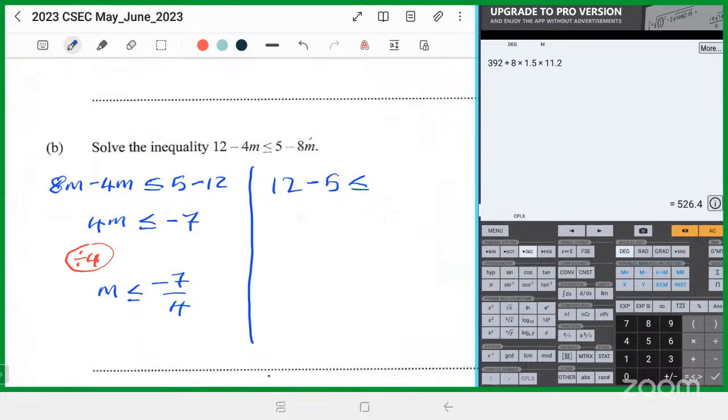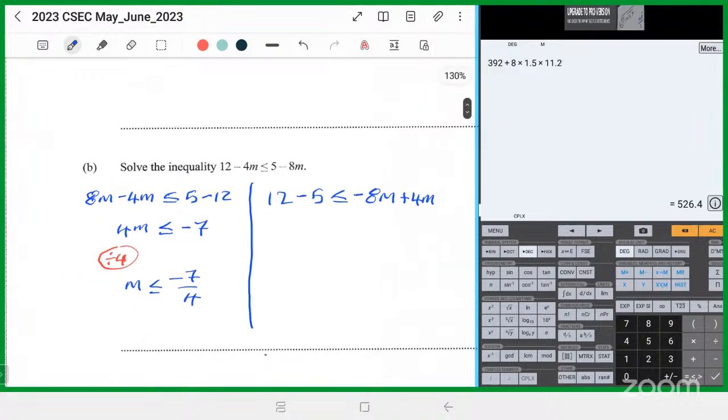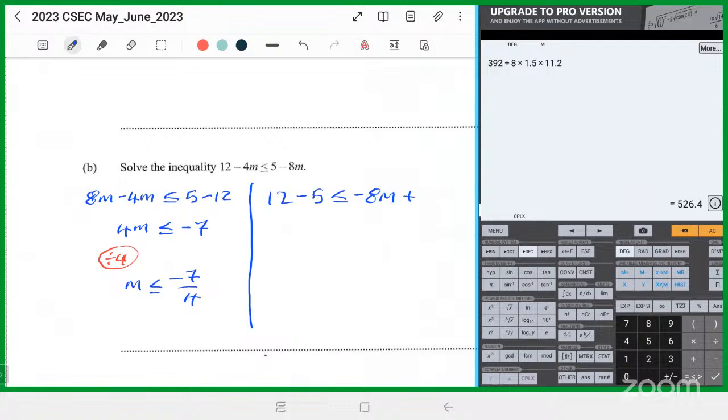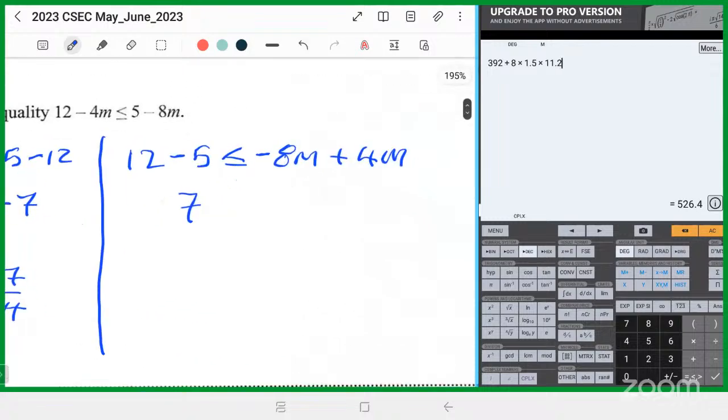This minus 8M stays as minus 8M. Then this minus 4M goes over and becomes a positive 4M. Then 12 minus 5 here is 7, less than or equal to.